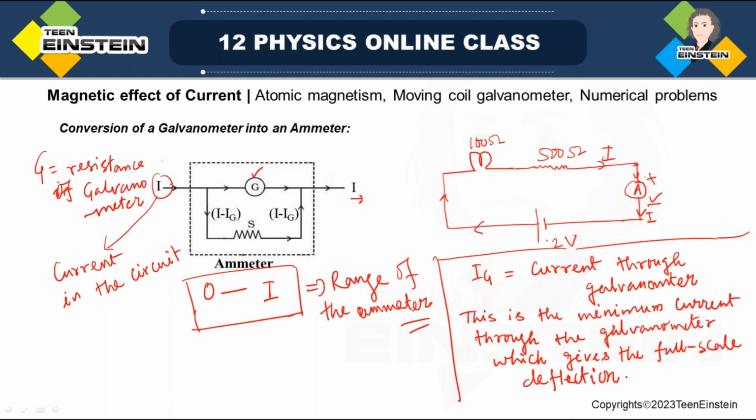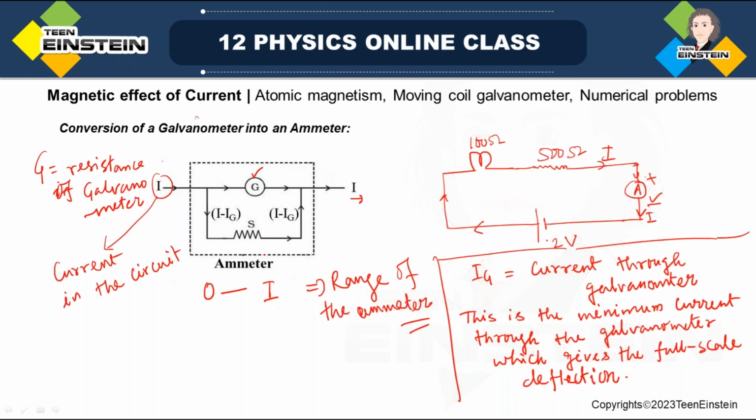That means you have to find out the circuit current and then write 0 to that much. Suppose I is 5 ampere, so the range of this ammeter is 0 to 5 ampere maximum. When we construct an ammeter, we set a range, how much maximum current it can measure. Minimum is taken as 0.